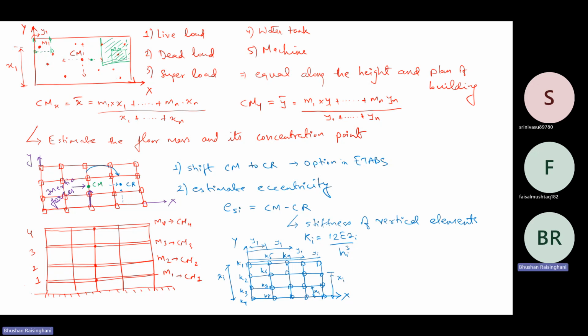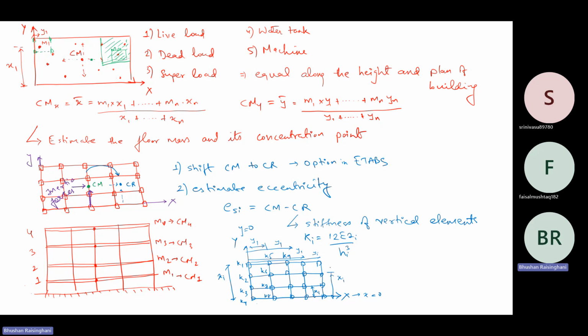So K1 is right at the axis, so this Y1 is equal to 0. Now at this position, Y has some value. Here at this portion, Y will be 0. In this particular column direction, your X is equal to 0.